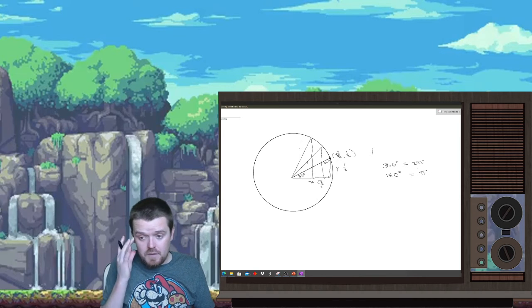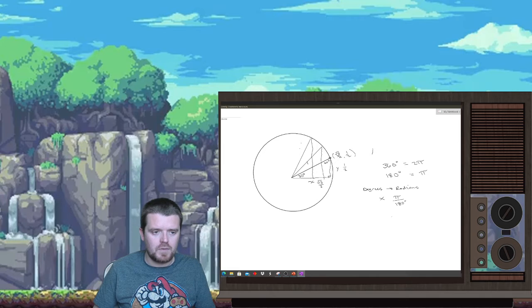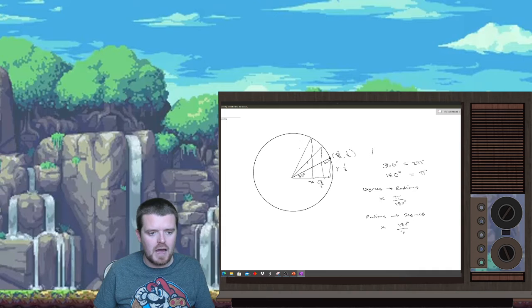Based on that, and again, if you need to go back to units 6 and 7 and look at this, if I want to convert from degrees to radians, I would do that by multiplying whatever the degree measurement is by pi divided by 180. And if I wanted to convert from radians to degrees, then I would multiply by the reciprocal, which is going to be 180 degrees over pi.